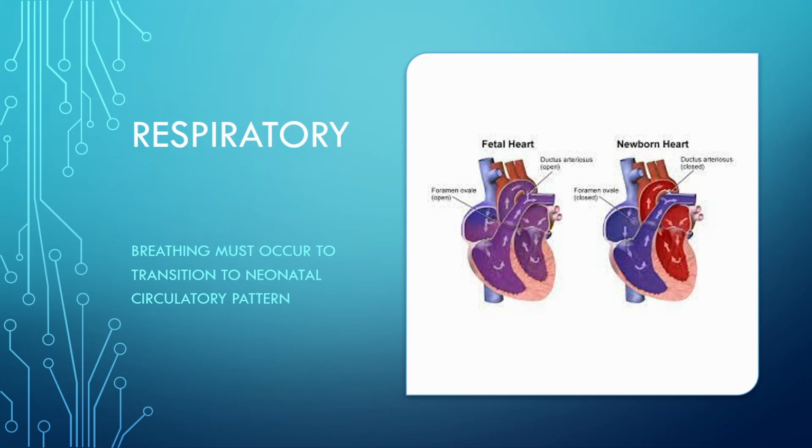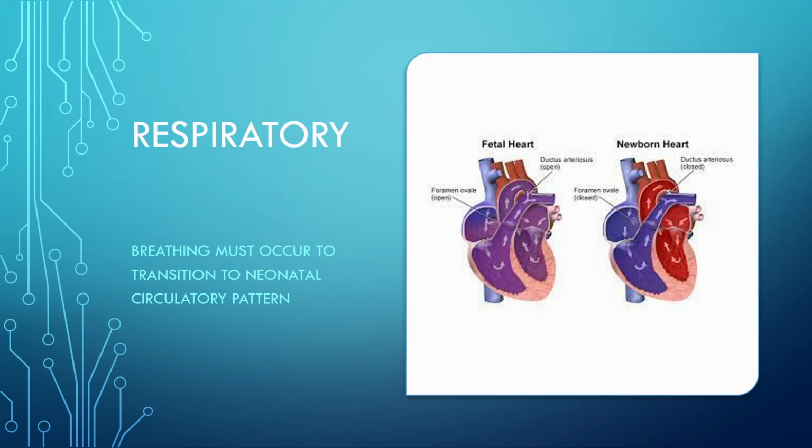Some things that can lead to respiratory issues include decreased surfactant levels. Surfactant is found in the lungs the closer you get to your due date. So if the lungs are immature because they're preterm, they're not going to have enough surfactant.